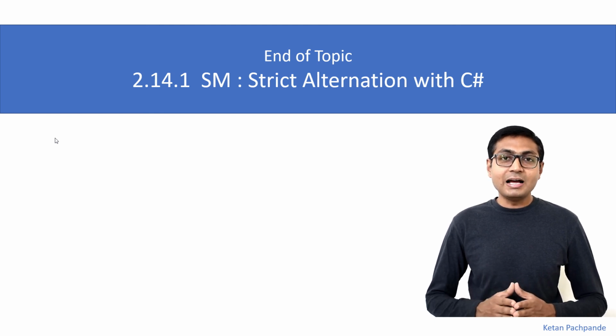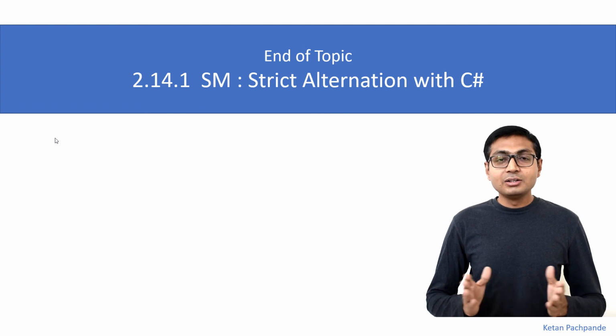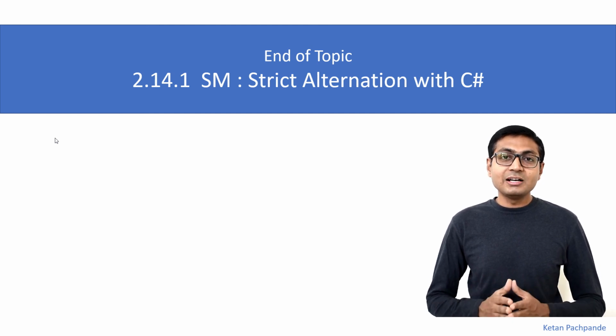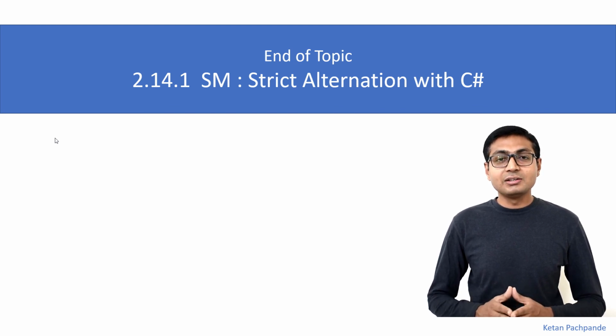In this demonstration, I used threads to do two tasks concurrently, and we proved that with the strict alternation mechanism, the two threads running concurrently will perform their job on a strict alternation basis.